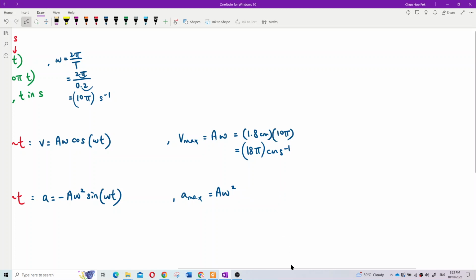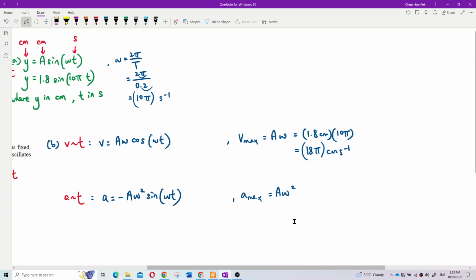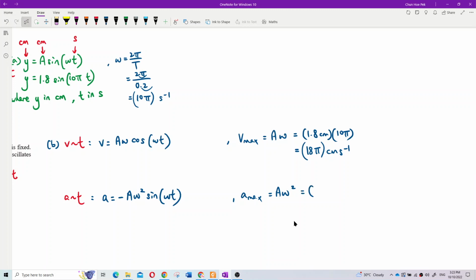Okay, so let's continue and find this out also. Acceleration maximum is 1.8 centimeter multiplied by 10 pi, and you have square some more. So it becomes 100 times 1.8, so it's 180 pi square, isn't it? 10 square is 100.